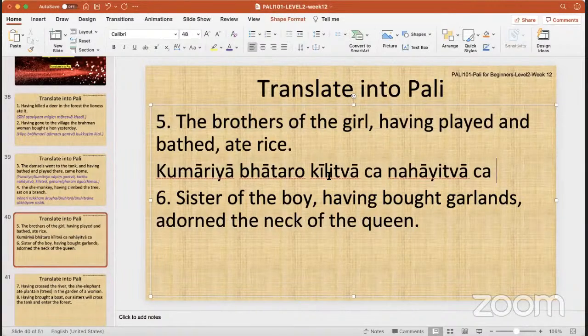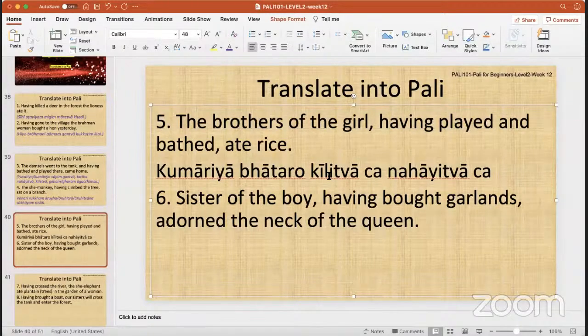The adjective comes first. It's brothers of the girl, so of the girl should come first. We cannot say Bhataro Kumariya. Yeah, that's really a good question.